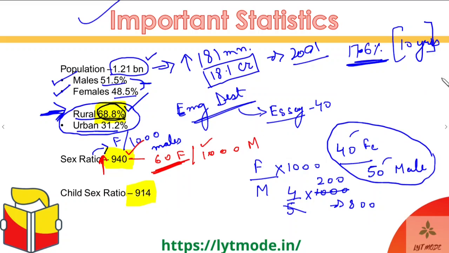And if the child sex ratio is lower than the overall sex ratio, then obviously in the future the overall sex ratio is going to decline, right? That is why it has been a serious concern to us. So this is also something that you should remember.